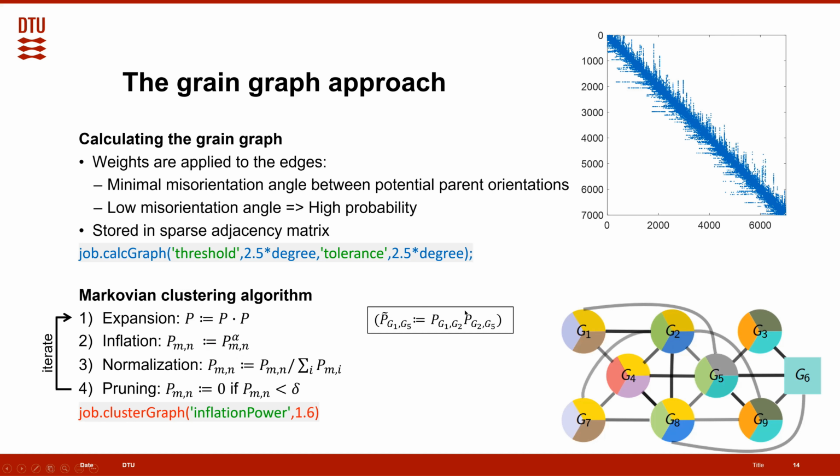So in this first expansion step, we basically expand the parent graph to also connect, let's say, higher level neighbors. And by this inflation parameter, we take the probabilities that we have stored in the matrix, and we use this exponent alpha, which is usually taken bigger than 1. And with an exponent bigger than 1, probabilities that are lower than 1 are slowly being further diminished, and probabilities that are higher than 1 after this expansion step are actually strengthened further.